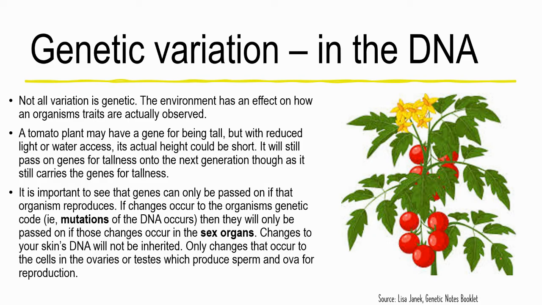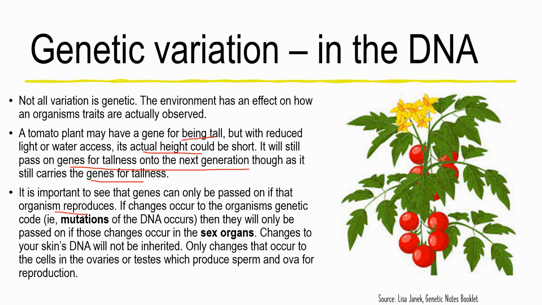Not all variation is genetic. The environment has an effect on how an organism's traits are actually observed. A tomato plant may have a gene for being tall, but with reduced light or water access, its actual height could be short. It will still pass on genes for tallness onto the next generation, though, as it carries the genes for tallness. It is important to see that genes can only be passed on if that organism reproduces.